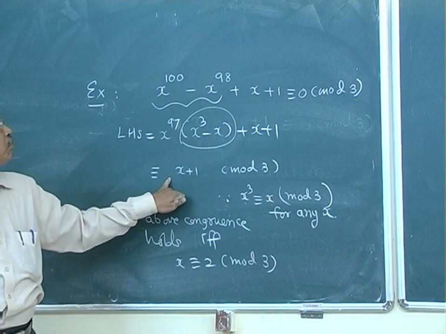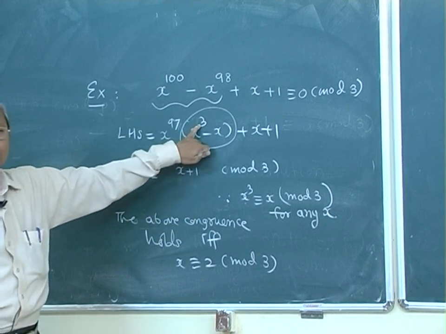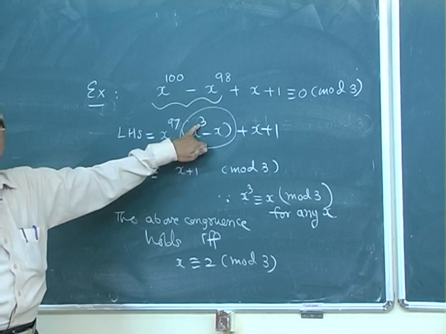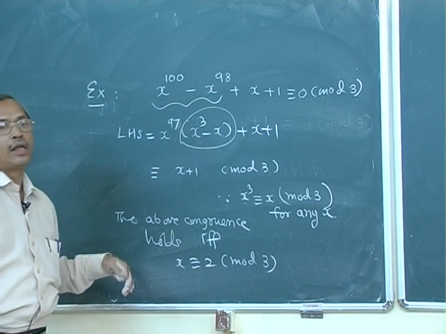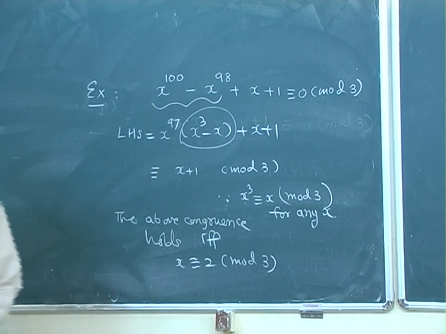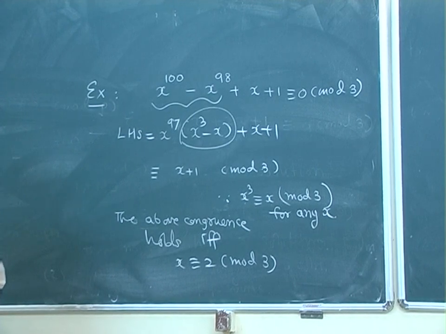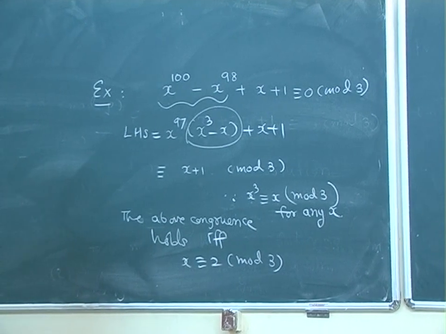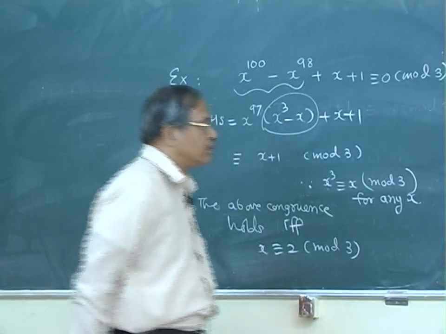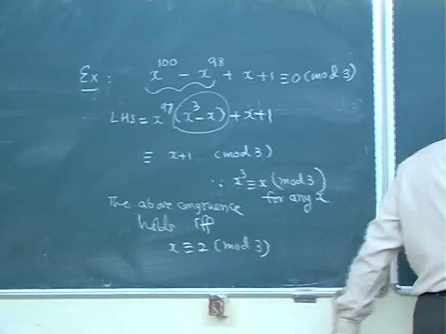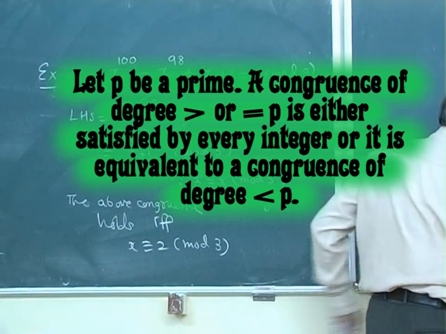Its degree is smaller than the prime number 3. So by the same method, you can reduce the degree of the polynomial congruence and get an equivalent congruence of degree less than p. That is the next result that we want to study.